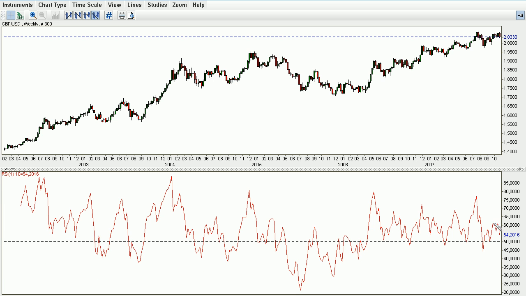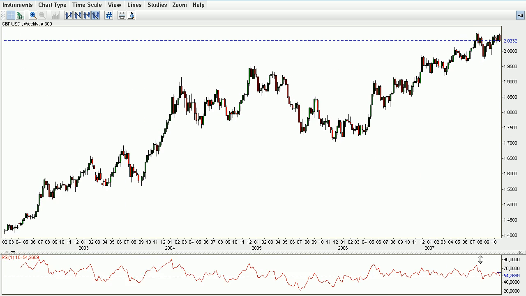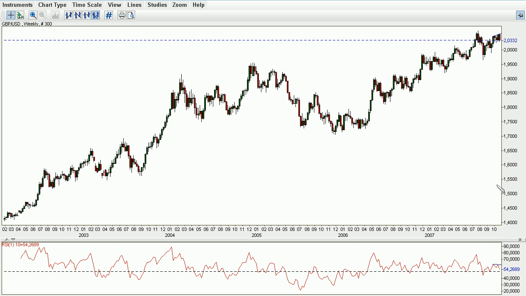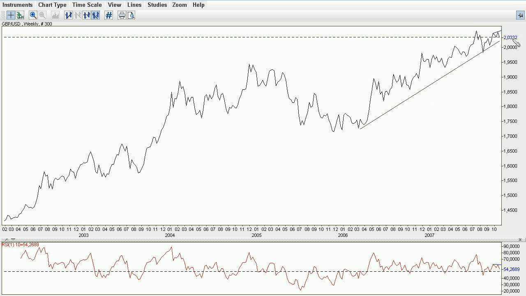If we connect those two peaks, we have a little negative slope, and if we connect those peaks here, we have a positive slope, and again we have our divergence forming on the weekly chart. It is a pretty tiny divergence, but in many cases such divergences are very important. If we change the chart type to a line chart and draw this line here, we'll see that we have a break below this line, and this appears to be a channel in which our currency is traveling.